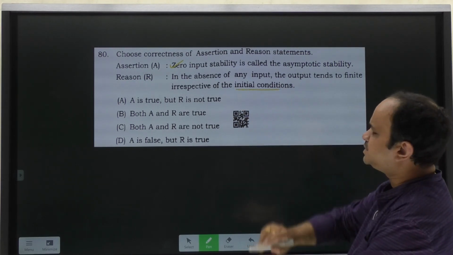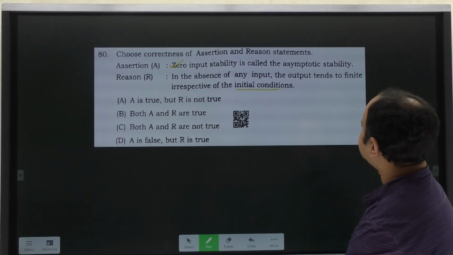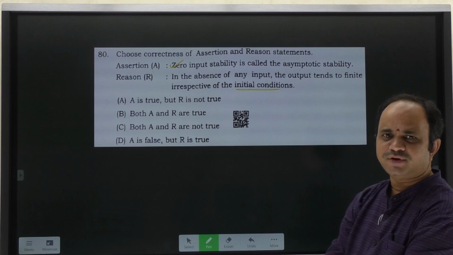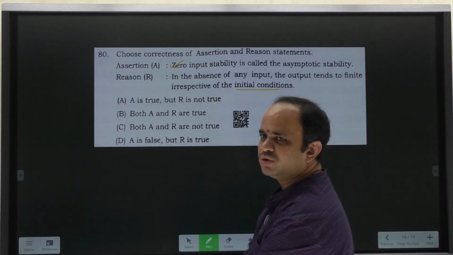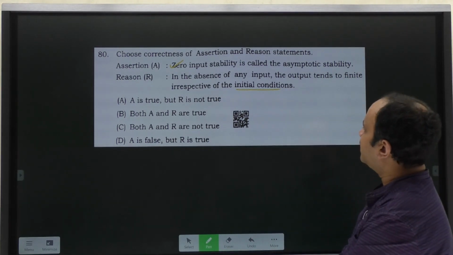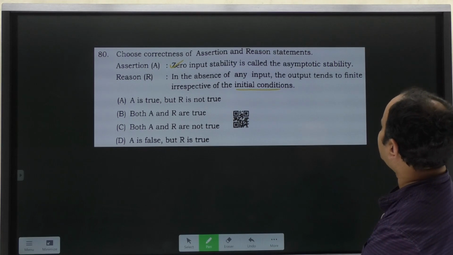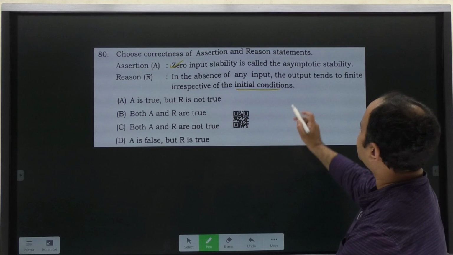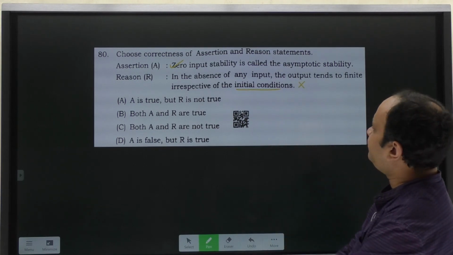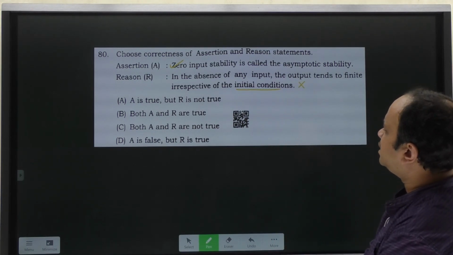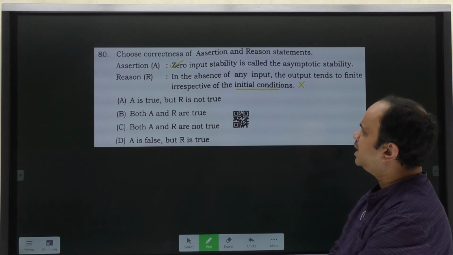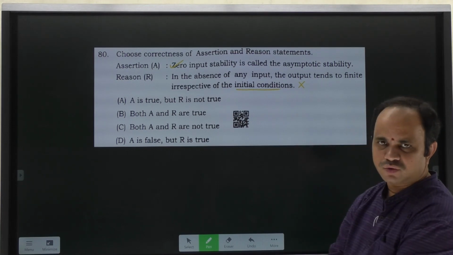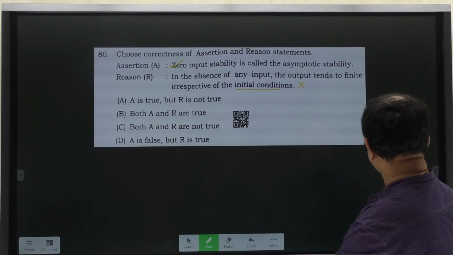If any initial condition is given then it is okay, but irrespective of the initial condition, say for example the initial condition is 0, the output has to tend to 0. In my opinion this is not correct. Therefore A is true and B is not true, that will be the option.